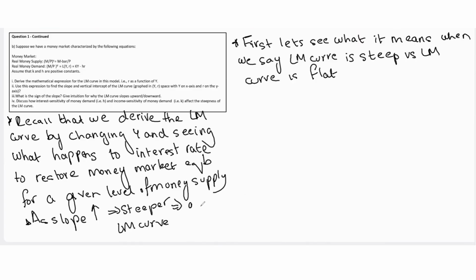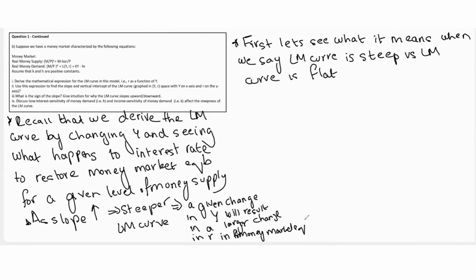It means a given change in Y will result in a larger change in the interest rate, in financial market equilibrium, in money market equilibrium. So when we say the LM curve is steep, what we mean is that when you change Y, it will result in a larger change in R.